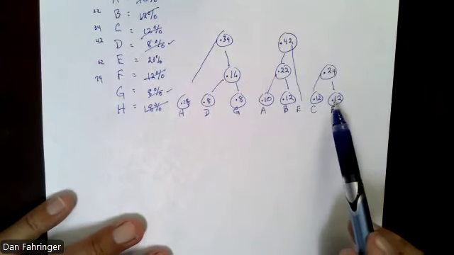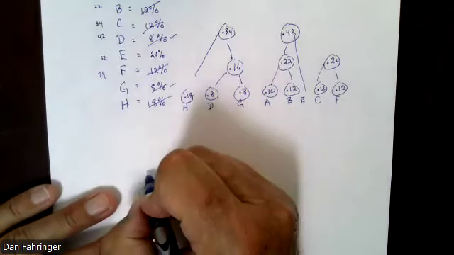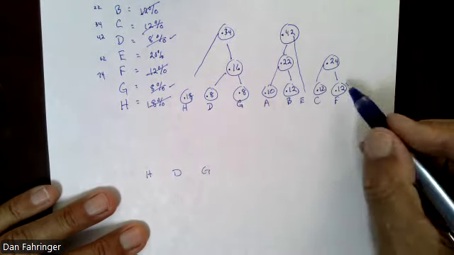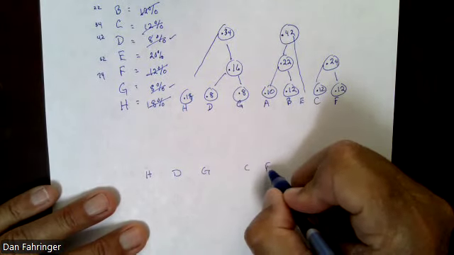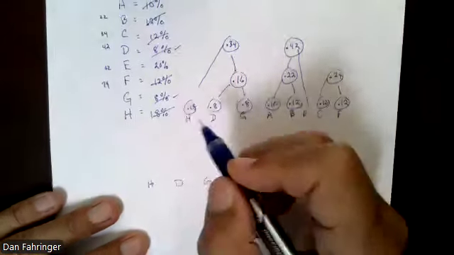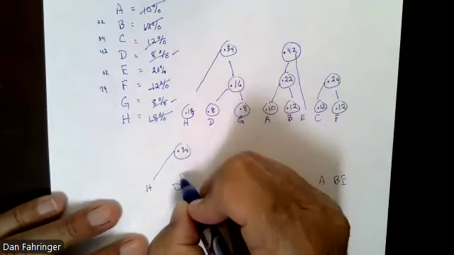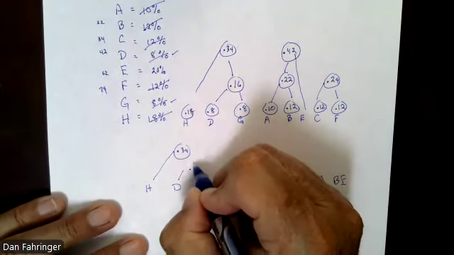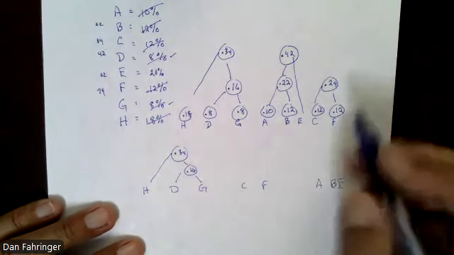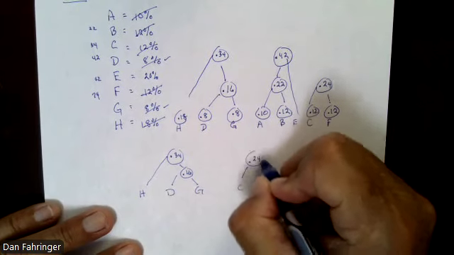Oh crap. I need to move this guy over beside him, don't I? So now I have H, D, G. I need to move C and F over, and then I have the A, B, E. And this goes up to 0.34, 0.16. We got that one. Got this one. This and this come together to be 0.24.